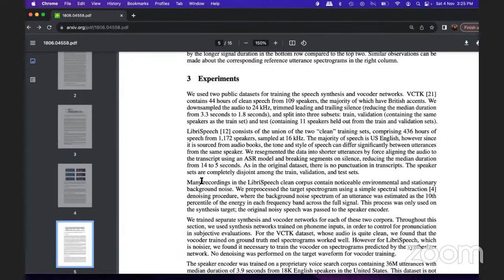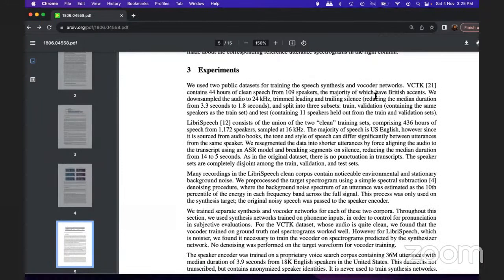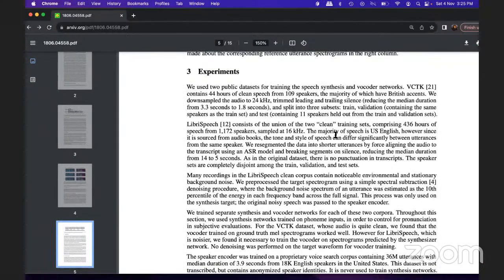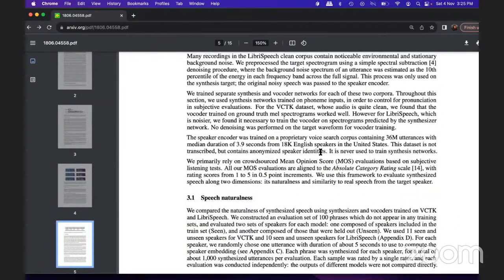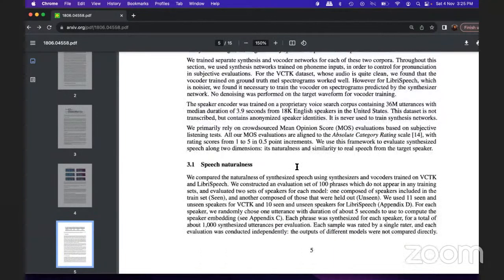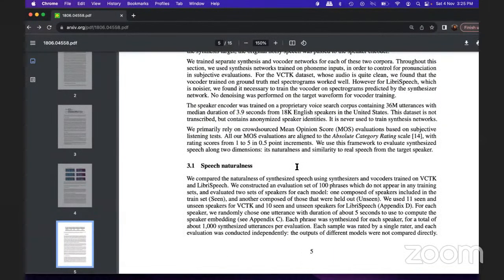As part of the experiment, the authors use the VCTK dataset and the LibriSpeech dataset. The VCTK dataset has 44 hours of speech from 109 speakers, and they use this dataset to take those voices and use this model to reproduce the same audio signals.